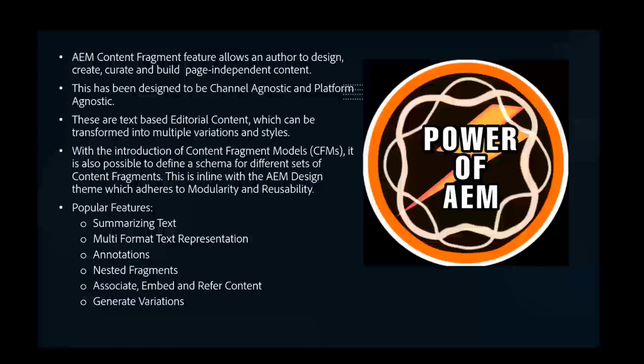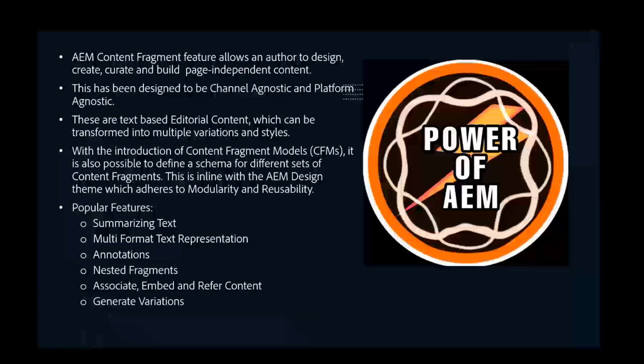We also have the annotation feature where editors can easily add their comments and get the updated results from the authoring side. Nested fragment is also one of the features where we can use the existing fragments and generate the data in a much faster way.